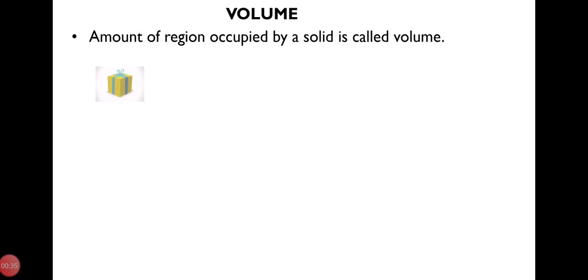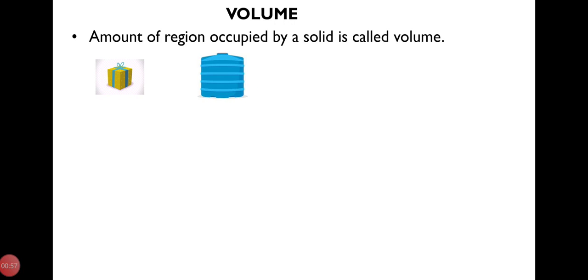Let's see an example. Here you can see a cube box. Whatever number of chocolates, whatever things you can keep in the cubical box, that is called its volume. Similarly, a cylindrical tank.